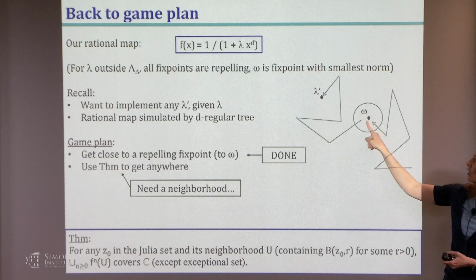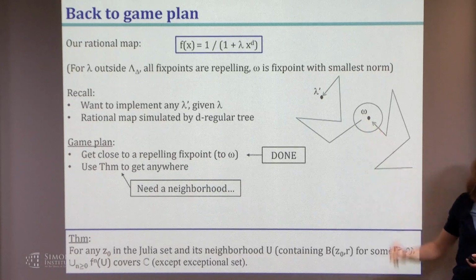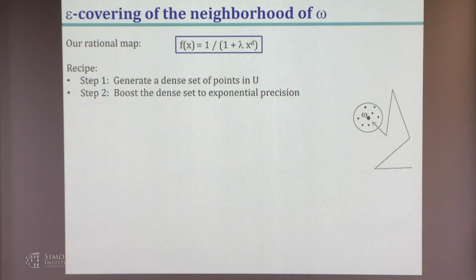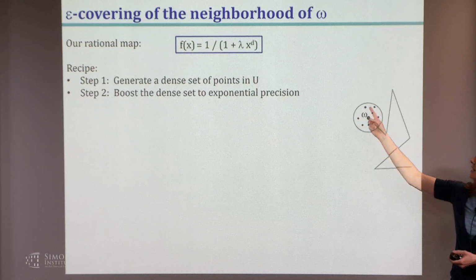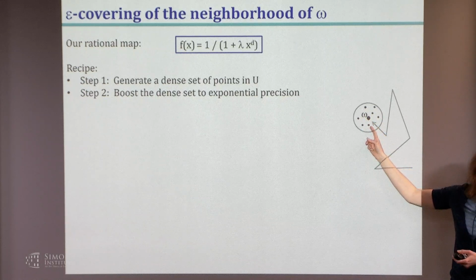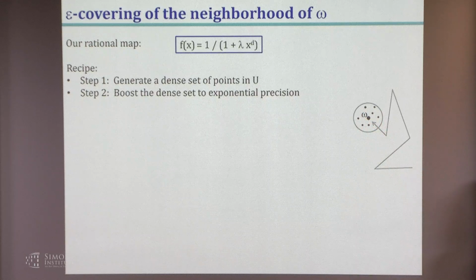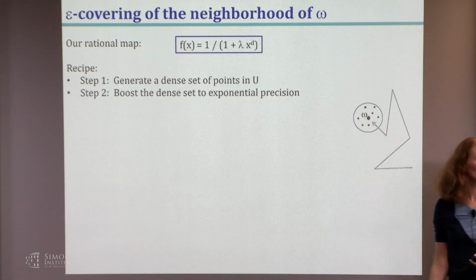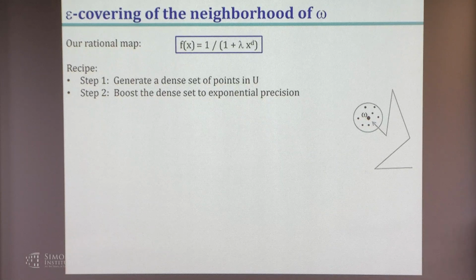But I got here, and I need to leave from here. So what next? Well, next, we are going to do 2 things. We are going to first generate a dense set of points within this neighborhood. And then we are going to boost the dense set to exponential precision, so that then we can leave and go to our lambda prime.